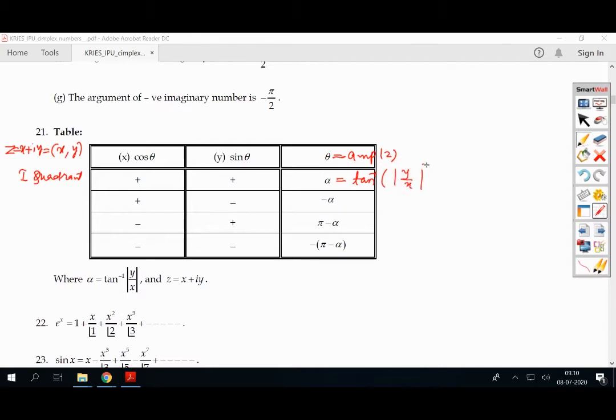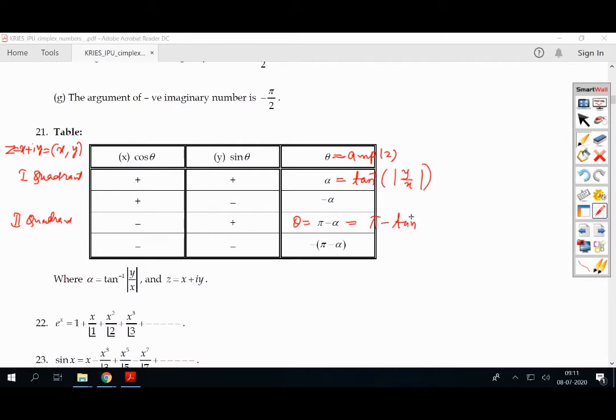Now suppose it lies in the second quadrant. In the second quadrant you can observe cos is negative and sin is positive. In this case, you can write the amplitude theta using the formula pi minus alpha, that is pi minus tan inverse of modulus of y by x.